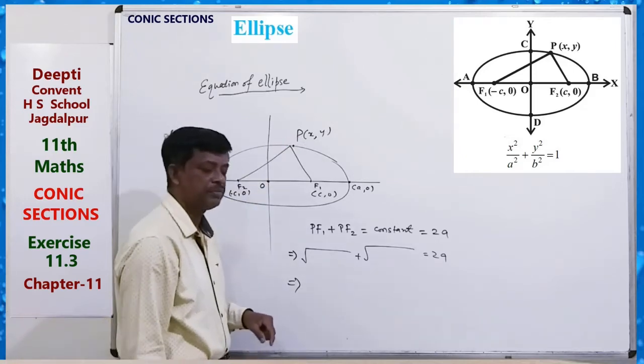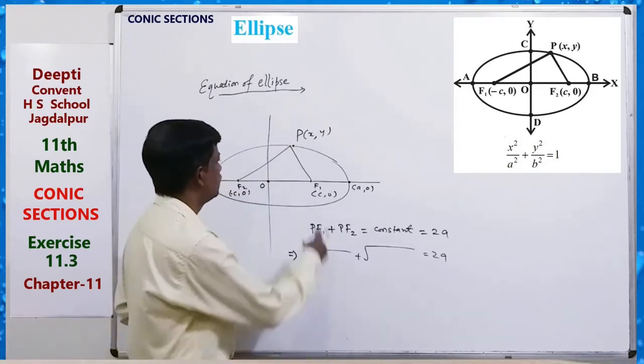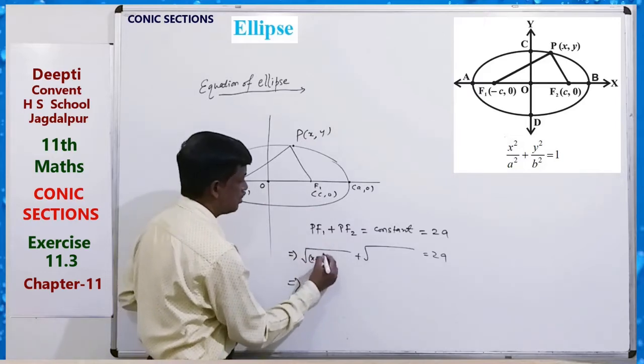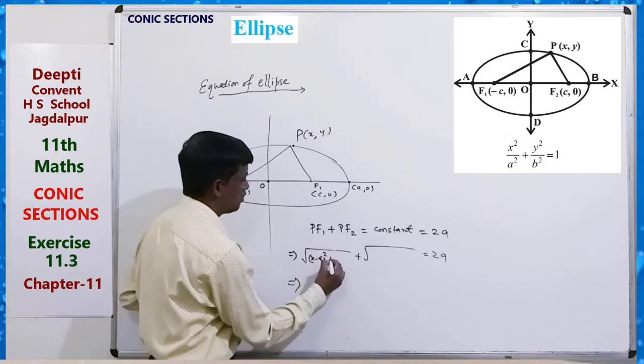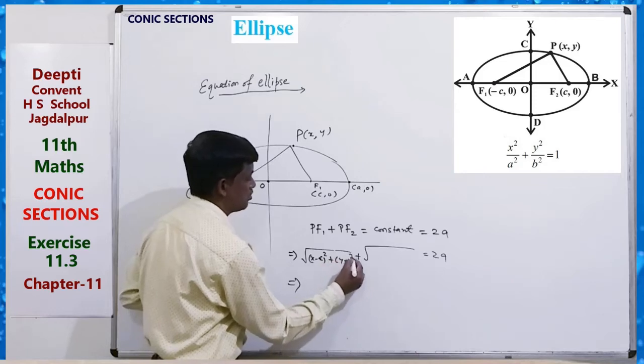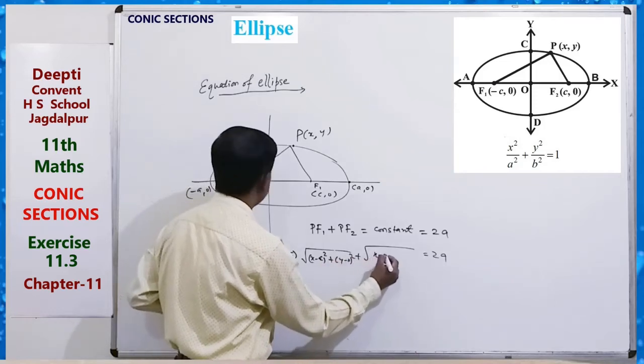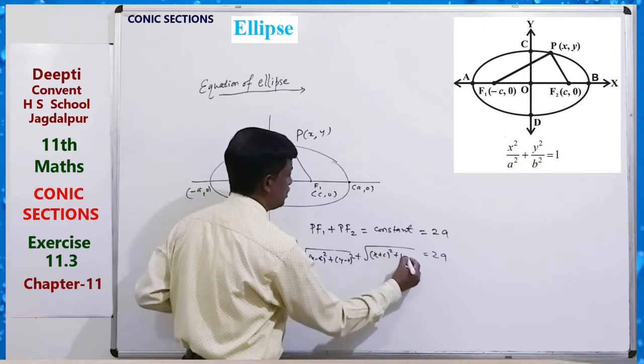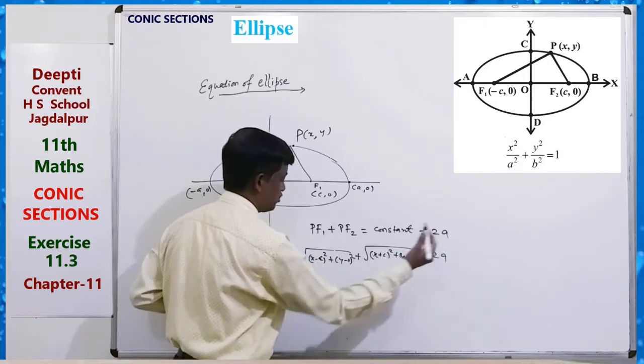Apply the distance formula. PF1 means what? Root of (x minus c) square plus (y minus 0) square. Here root of (x plus c) square plus (y minus 0) square equals this.